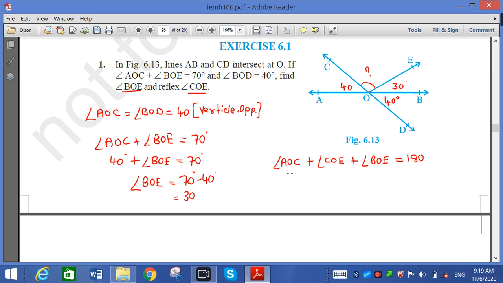Now AOC is 40, COE we have to find out, plus here it is 30, is equal to 180. So COE is equal to 180 minus 70.